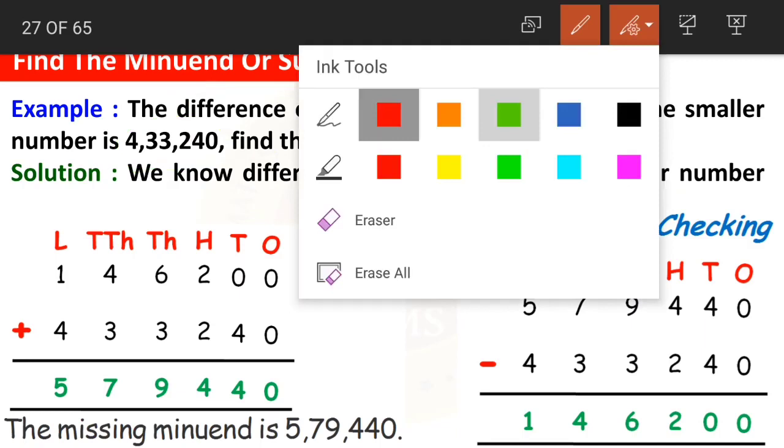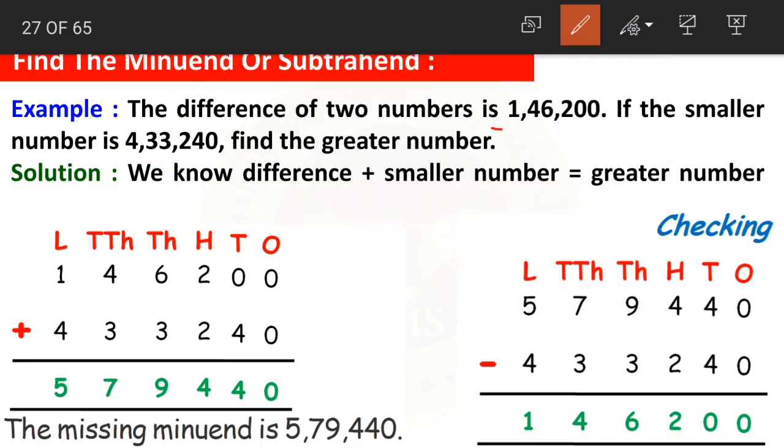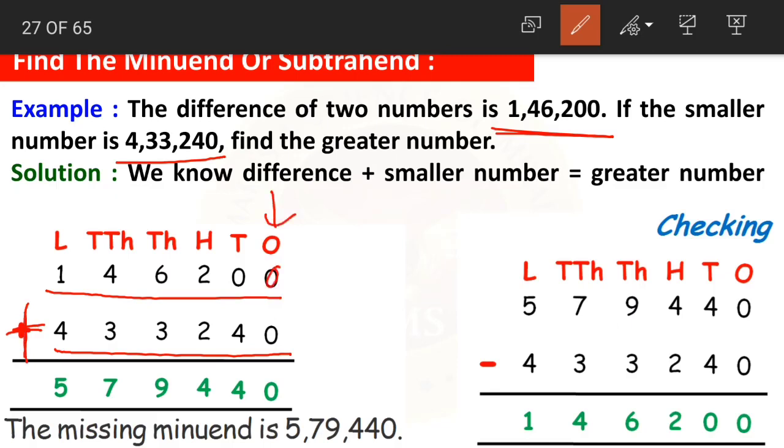Now let us see. The difference is 1,46,200 plus the smaller number 4,33,240. We need to add from the ones place. 0 plus 0, 0. Tens, 0 plus 4 becomes 4.